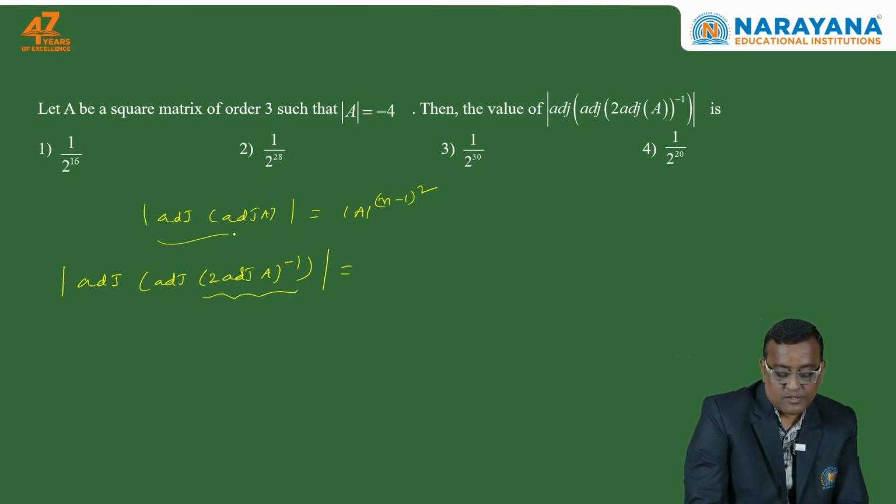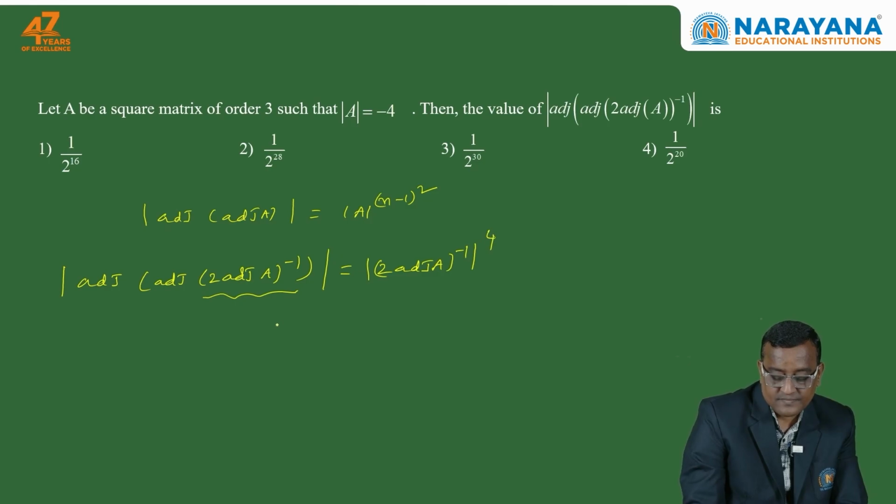Using this property, that det adjoint of adjoint A is det A power (n minus 1) whole square, we have det of (2 adjoint A inverse) whole power (n minus 1) whole square. Here n is 3, 3 minus 1 is 2, 2 square is 4.